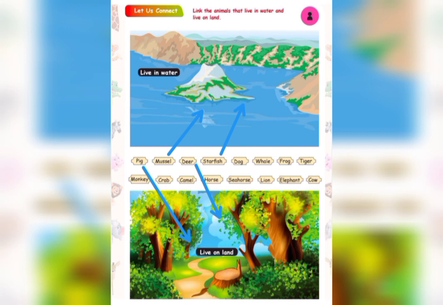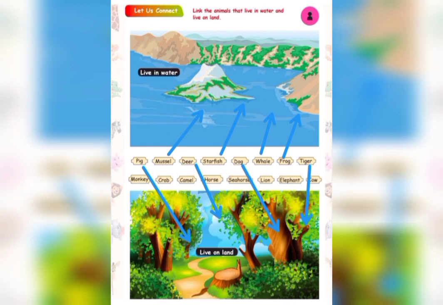Dog, say children. Yes, live on land. What about whale? Yes, whale lives in water. Frog also lives in water. And tiger can live on land.